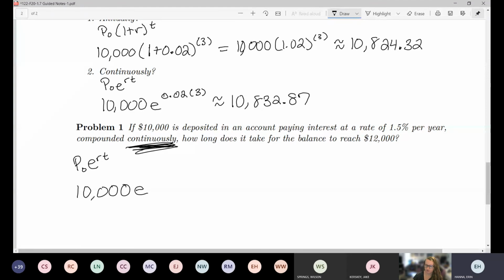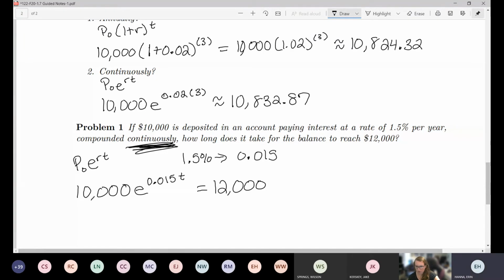Our rate is 1.5%, so that's 0.015. This is, of course, increasing because it's interest, so that stays positive. So 0.015 T. We don't know the time, but we're asked how long it's going to take to reach 12,000, so we set it equal to 12,000.